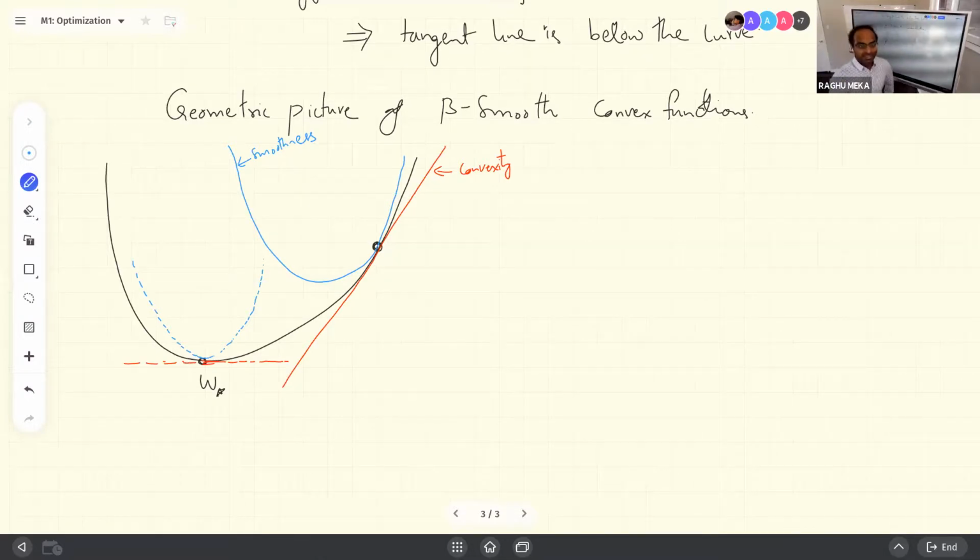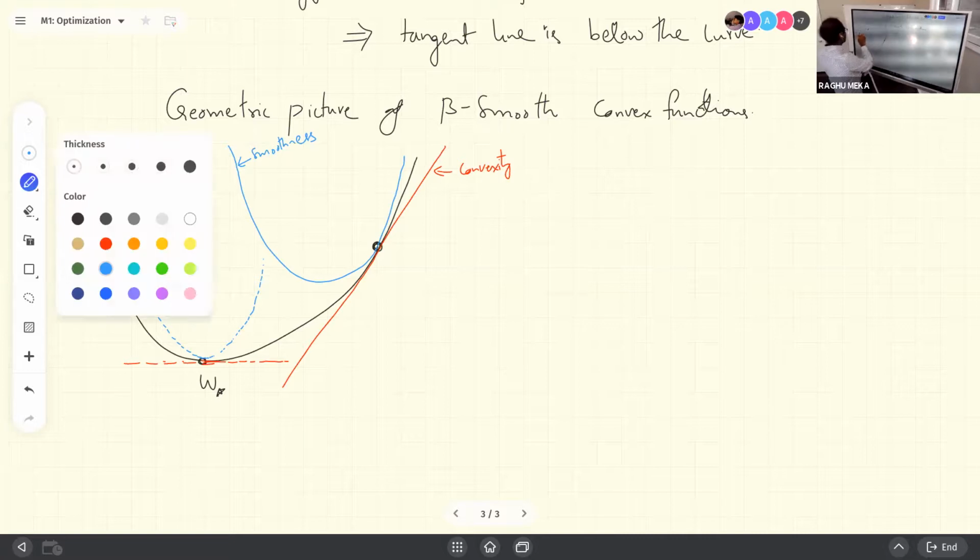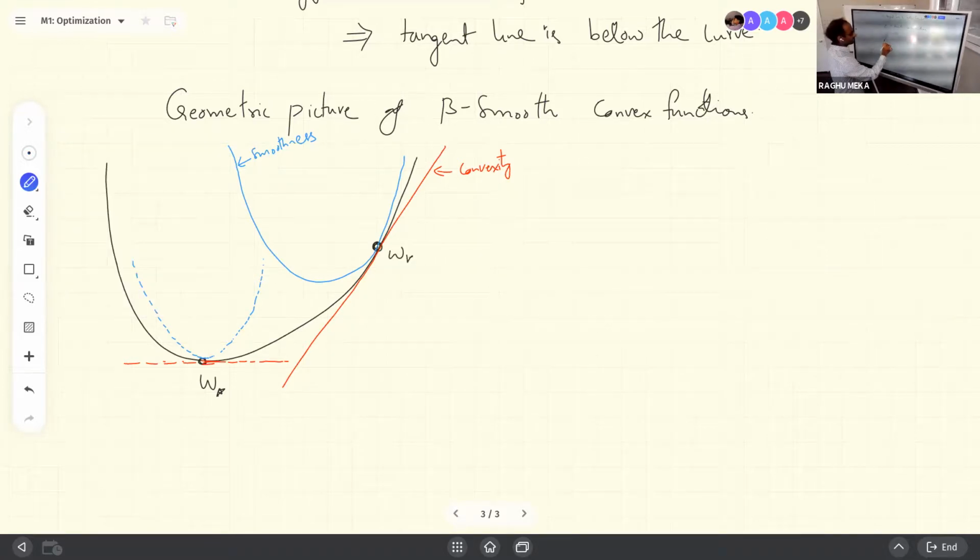And since W star is the optimum, we know that the parabola is actually centered here. When we were at Wk, so if you think of this as your current iteration, you were making progress. So there's still room to go on this parabola, right? But when you're at W star, there should not be any room because you are already at the optimum.